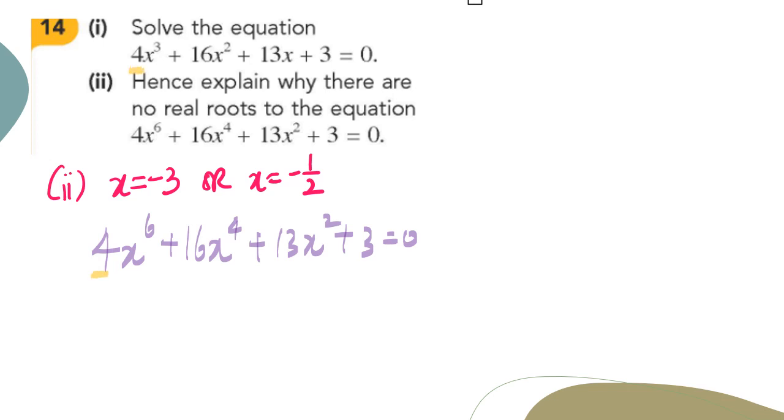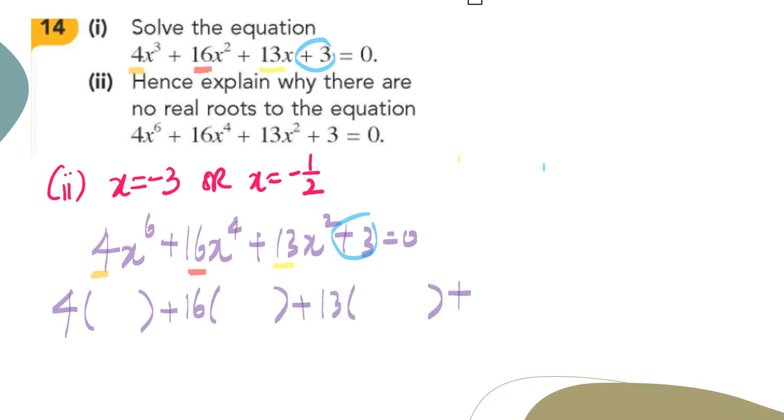The coefficient of x squared is 16, the coefficient of x to the power of 4 is 16, the coefficient of x is 13, the coefficient of x squared is 13, and the constant is also the same, positive 3. So we're going to leave these coefficients alone. We're not going to touch them because they're the same. The constant also, we're not going to touch it.